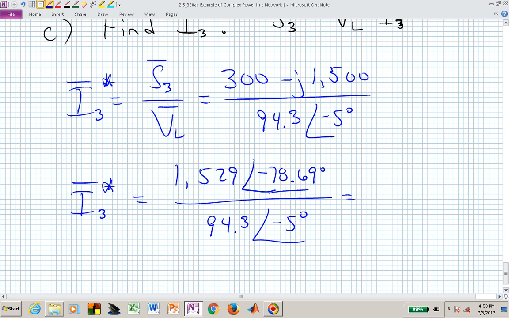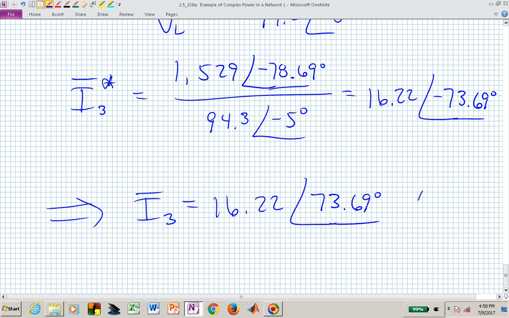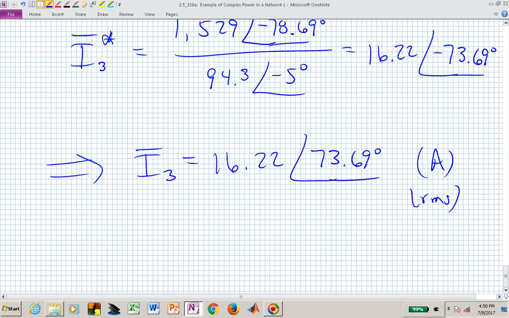Doing the math, we now take 94.3 into 1529, and we end up with 16.22 at an angle of minus 73.69 degrees. So that now we can say that the current through the third load is now 16.22 at an angle of 73.69 degrees by conjugating that, and that's now an RMS value, and we have 16 amps supplying load number 3.